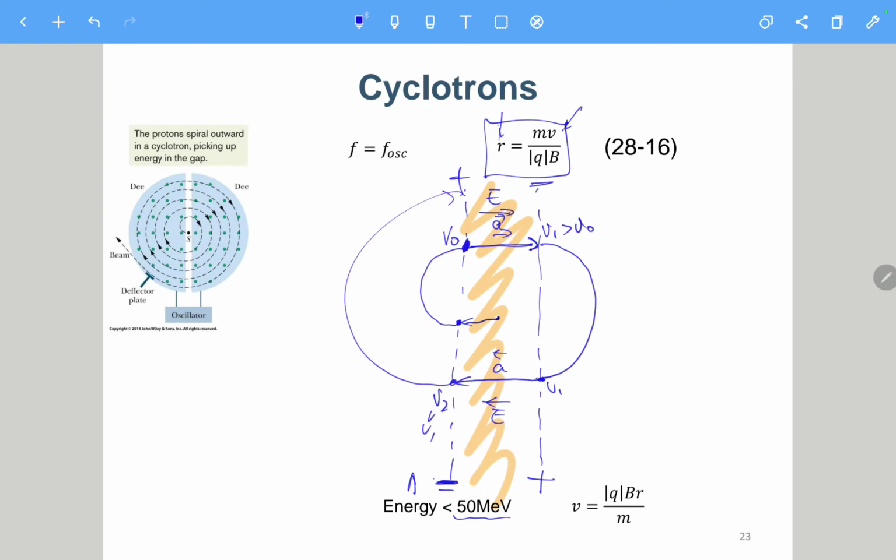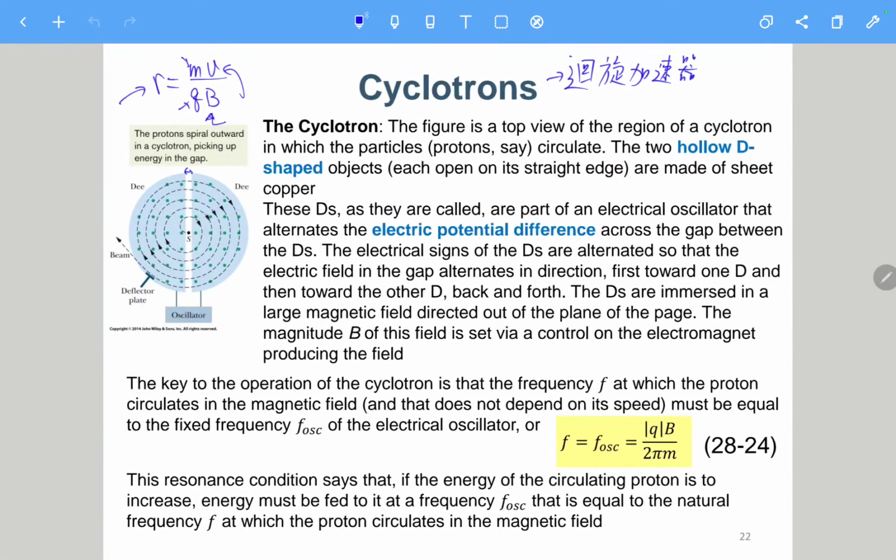So you just try to swap the polarity of the left side and right side back and forth. So if the frequency is accurate, then the particle will keep accelerating. So that's why we need to have this frequency, to make the particle keep accelerating.